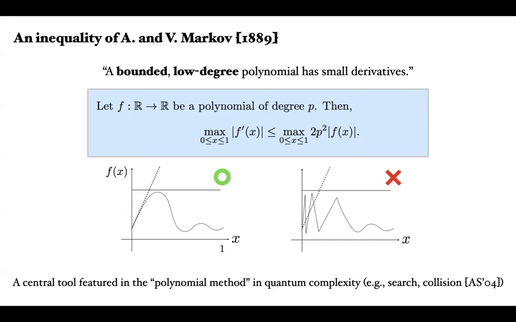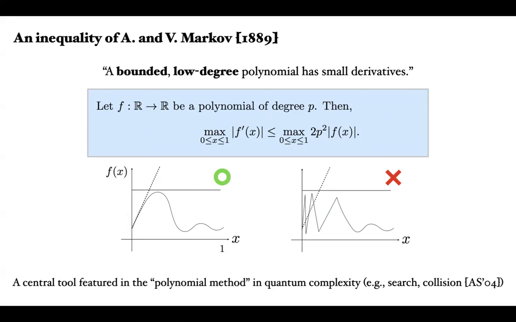If the degree is p, then the derivative on the bounded interval is only 2p squared times the magnitude of the function. Pictorially, it says that if your function is restricted to this 1 by 1 box, it couldn't oscillate too badly. It couldn't jump in a very small interval.